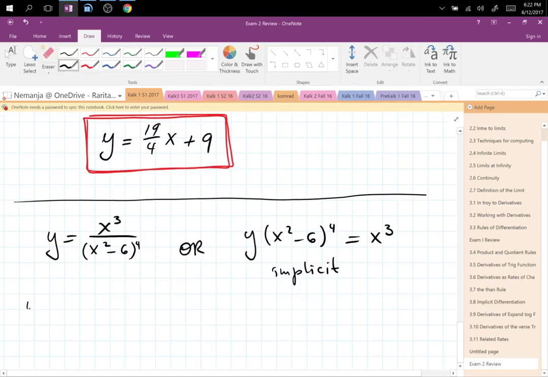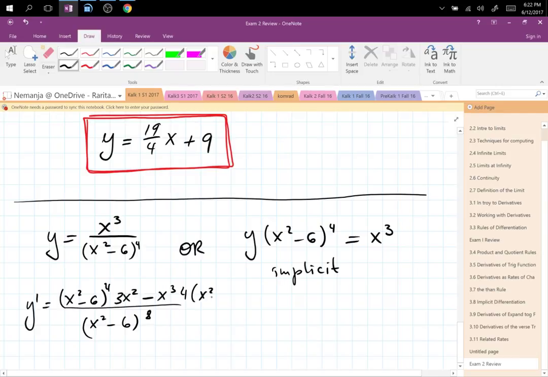The quotient rule would be y prime is equal to, right, copy the bottom and then square it, which means now it's to the 8th. And you can see how much worse this becomes, because now you have to deal with that. And then x squared minus 6 to the 4th, and then times 3x squared, and then minus x cubed, and then 4x squared minus 6 cubed times 2x, right, the chain rule.